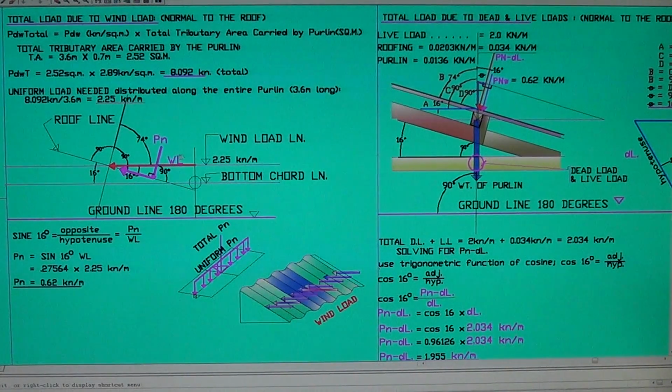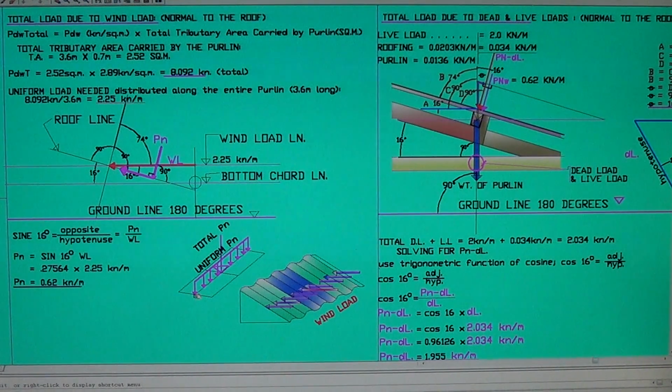Okay, now this is the wind load, and this is how the wind applies to the roof. This is a corrugated sheet, and underneath that are the purlins, and this is the tributary area carried by the purlin. Each purlin has a tributary area, has its individual load. So this is how you calculate the load for one purlin.